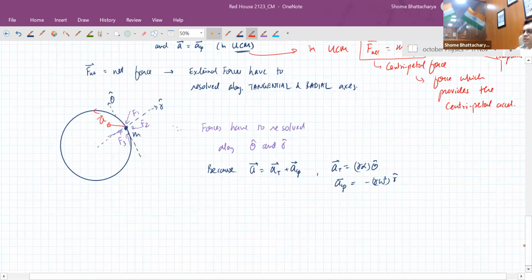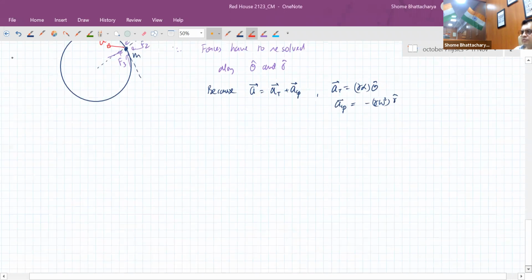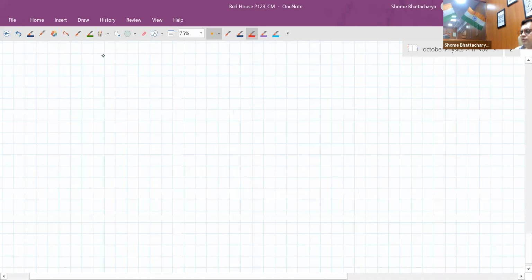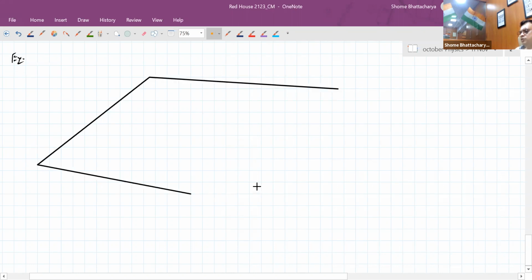Okay, so hope this is done now. Let's look at a very easy to understand and very fundamental example of a particle in uniform circular motion. So imagine this is the surface of a smooth horizontal surface of a tabletop, let's say.